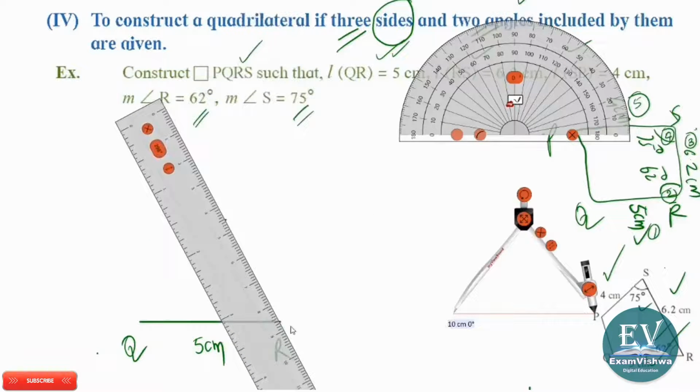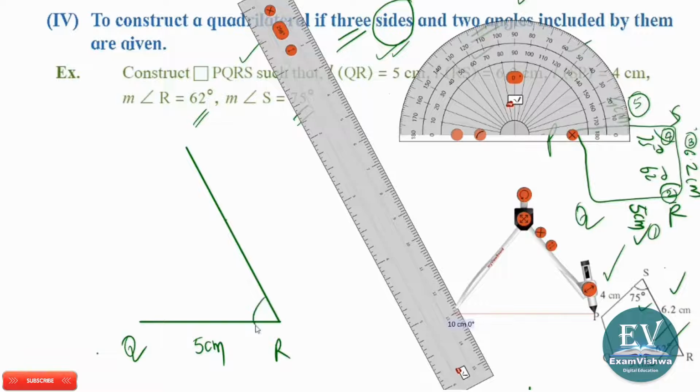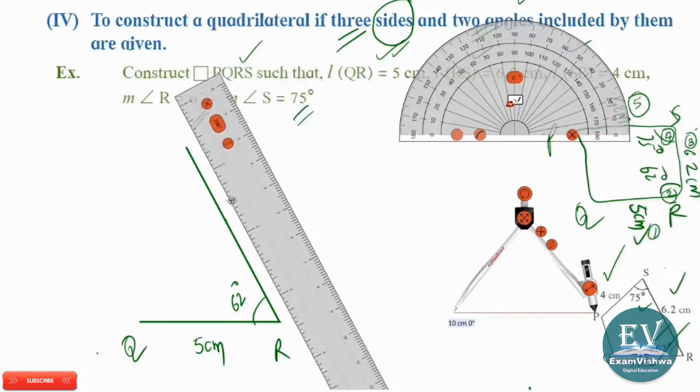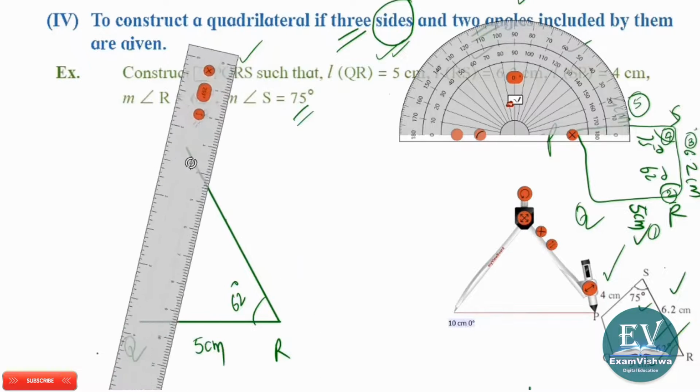Sometimes the scale sits easily. And it is 62 degree. Now I need to draw 6.2 centimeter on that. I'll measure 6.2 centimeter on the scale with the help of a compass and put an arc accordingly.